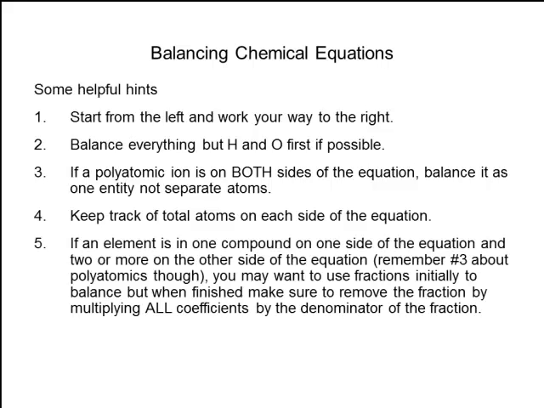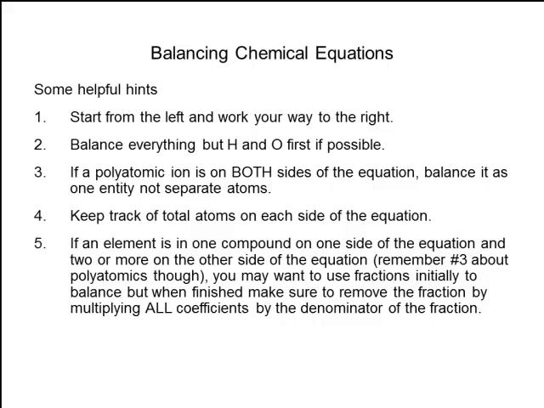So this one's a little bit longer. If you have an element that's in one compound on one side of the equation, and that side could be either the product or reactant side, but it's in 2 or more compounds on the other side of the equation, you may want to switch to using fractions first to balance the equation.